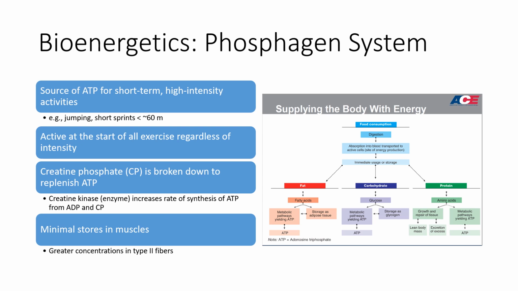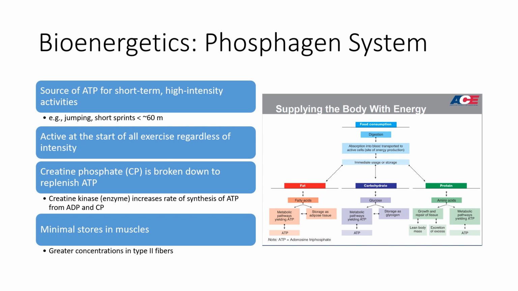Direct measurements of muscle PCR and glycogen before and after such exercise bouts show substantial decreases in the level of these substrates. The decrease is generally greater in type 2 than type 1 muscle fibers. The muscle ATP concentration is reasonably well maintained, although it may decrease around 20% during very intense exercise.